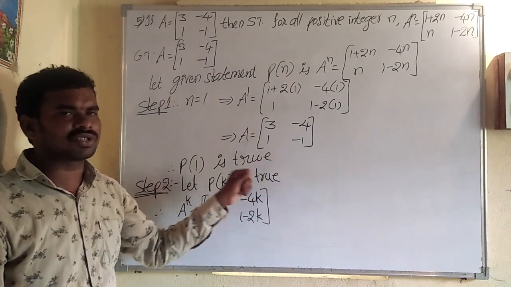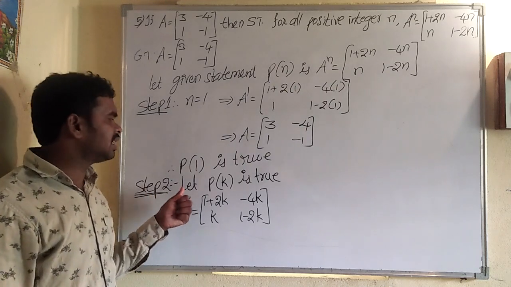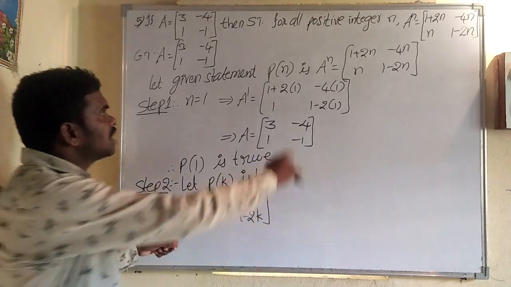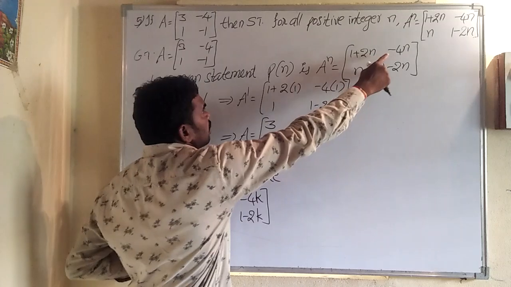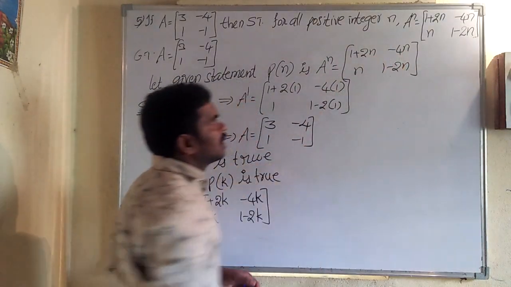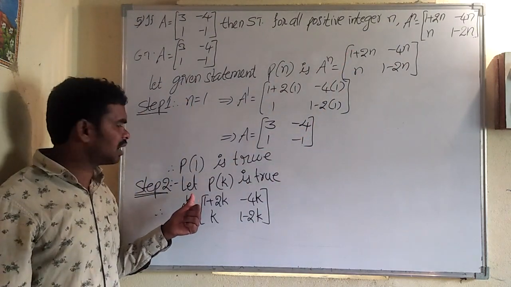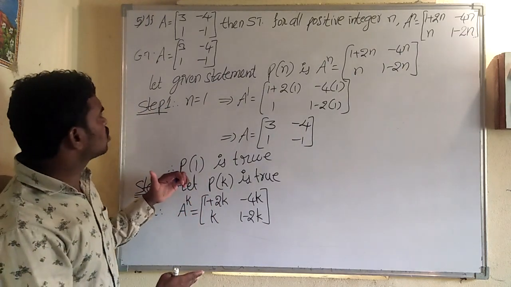In every kind of sum, do it in this way only. In step 2, you must write let P of k be true. Then the statement becomes A power k equals [1+2k, -4k; k, 1-2k]. So 2 steps are over.